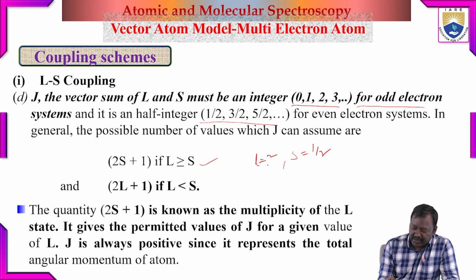So there could be 2S plus 1 values, as S is smaller in this case.